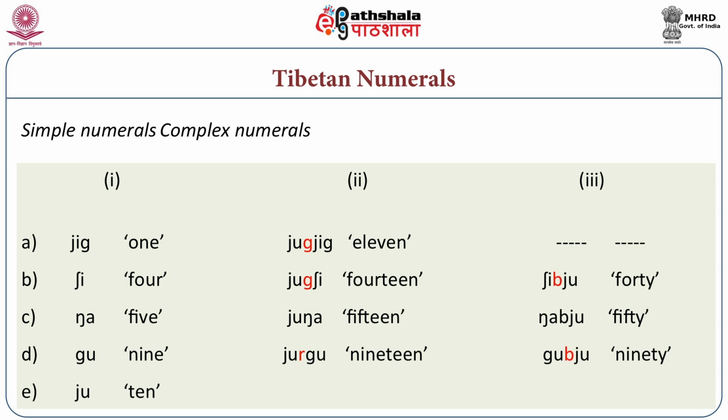And in column 3, for the words multiples of 10, like 20, 30, 40, we have examples of 40, 50 and 90 here. The word formation seems to be different.